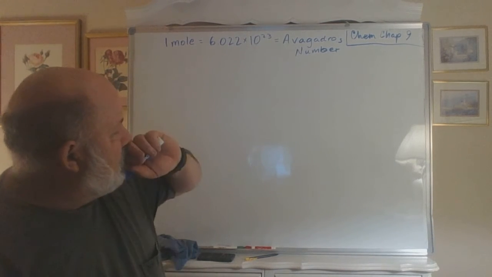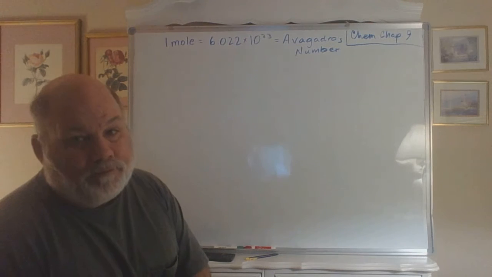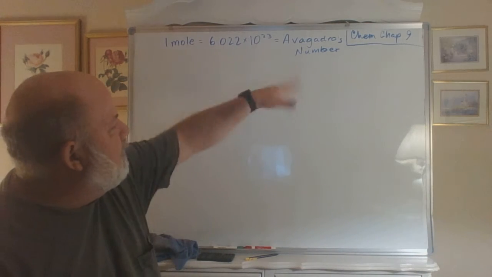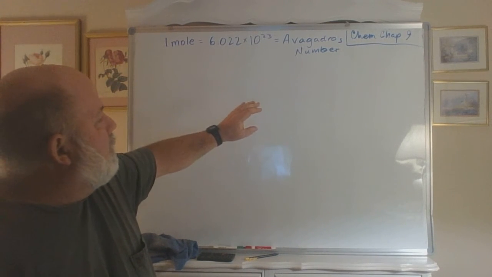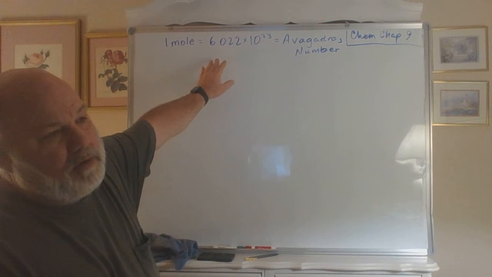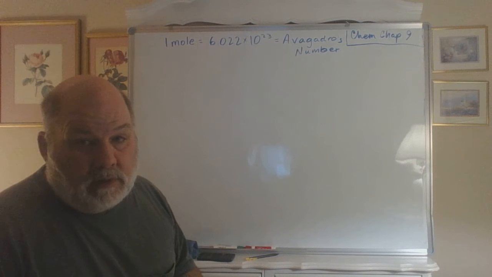That number is given a name, Avogadro's number. Not really important what the name is, but it is going to be referred to. And the reason they have such a number is for measuring things that come in huge quantities, like atoms.